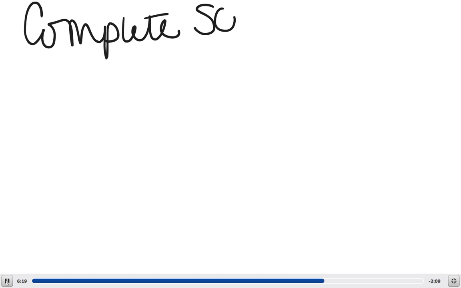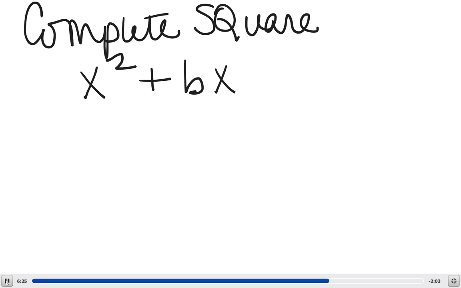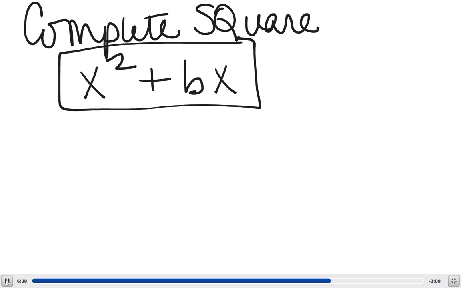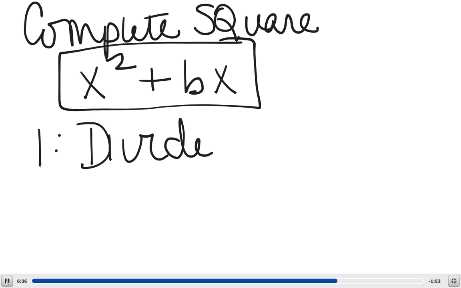So basically, the rules to complete the square, there's going to be a couple steps. If you have an equation that is just in the form of x squared plus bx, you just have these two terms of binomials, then step number 1 is going to be divide b by 2.